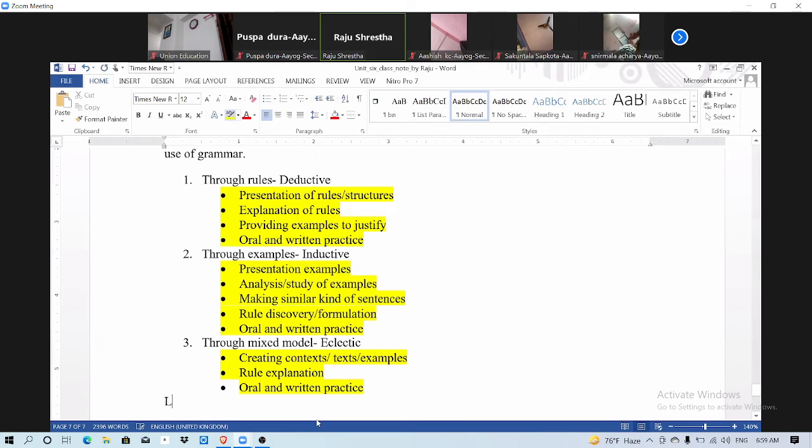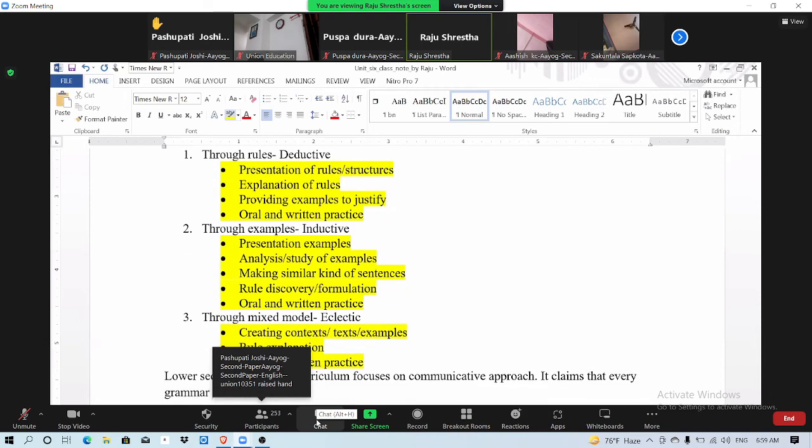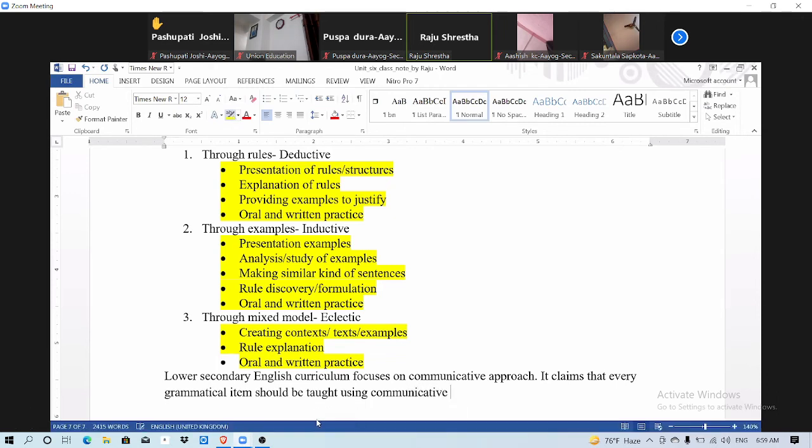Lower secondary English curriculum focuses on the communicative approach. It claims that every grammatical item should be taught using communicative ways.